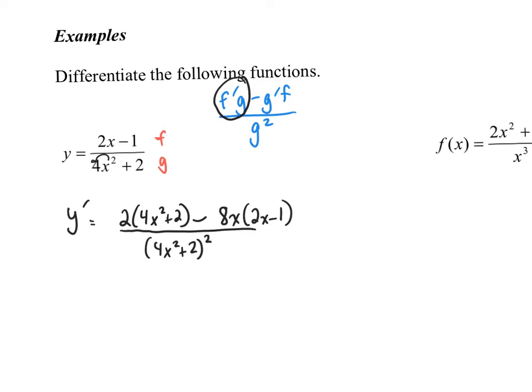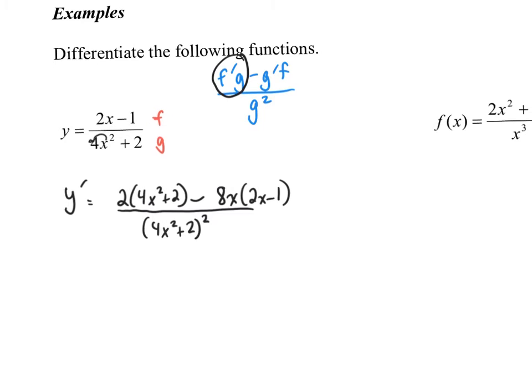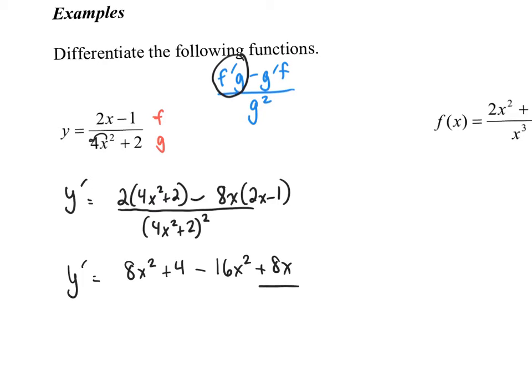So this is officially our derivative. We just have to clean it up a little bit. So I can use a little bit of algebra. So I can distribute on the top. So I'll get 8x squared plus 4 minus 16x squared plus 8x all over 4x squared plus 2 squared. And so my derivative, I can add the x squareds together.